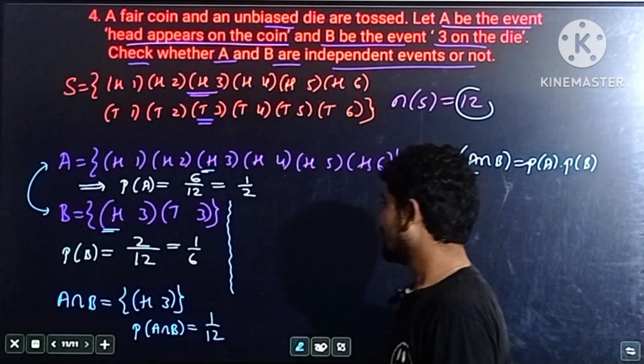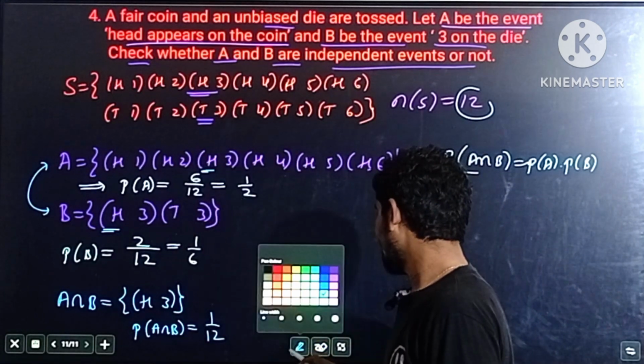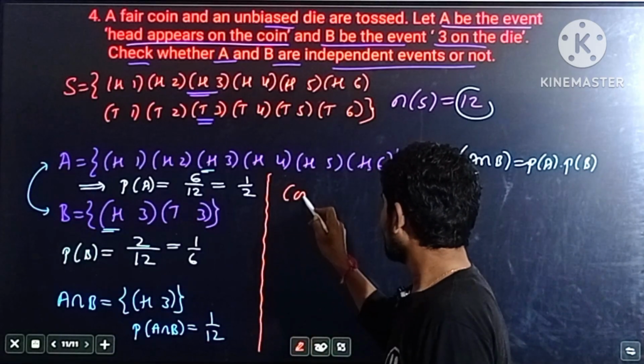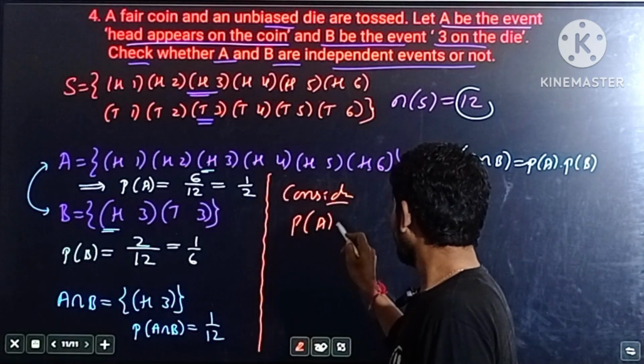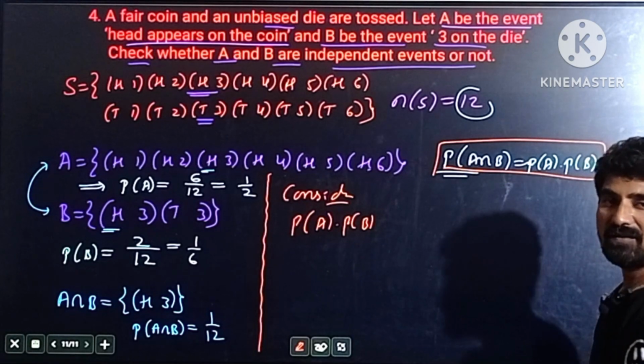I hope all of you are understanding. Now to check whether these two events are independent or not, consider the probability of A into the probability of B, as per the definition of independent events.